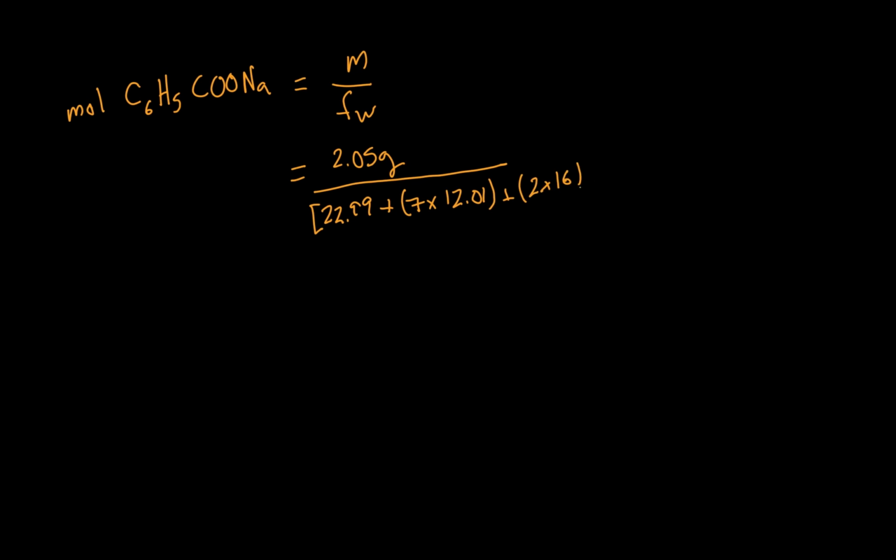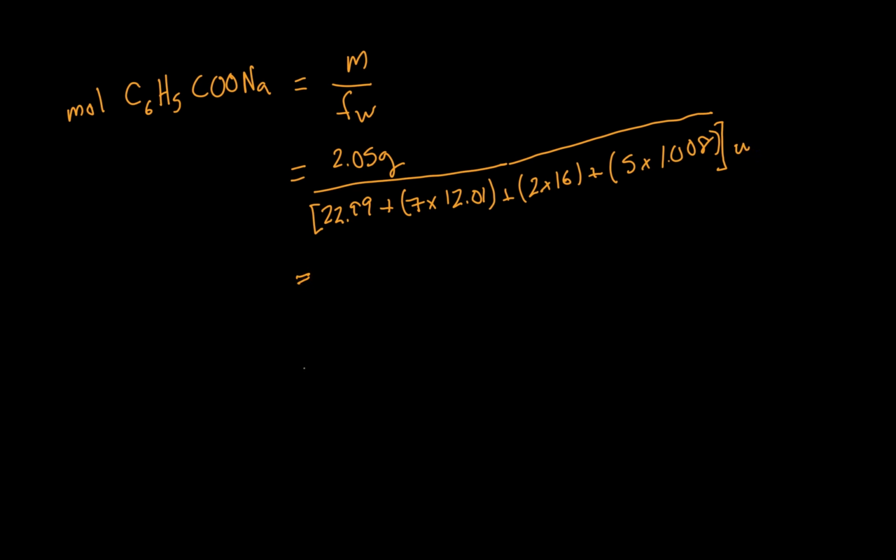And there's 5 hydrogen. That's 5 times 1.008 in the periodic table in the book. Anyway, oops. Close that off, and that's all in Daltons or AMU, whatever you prefer.